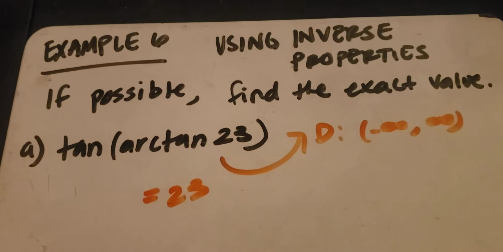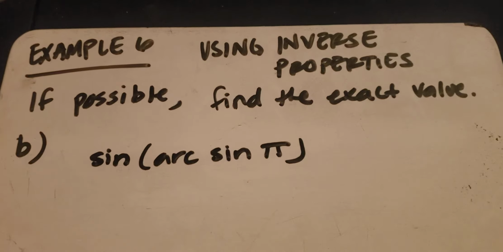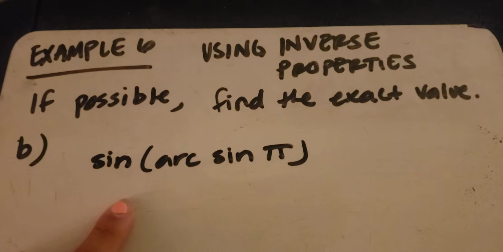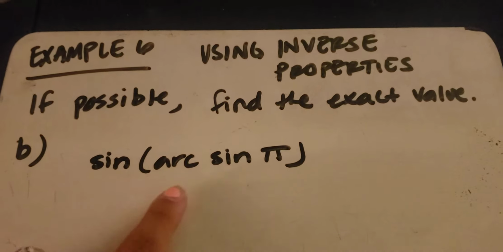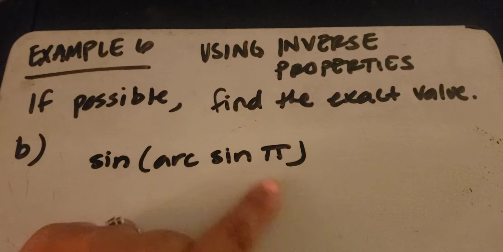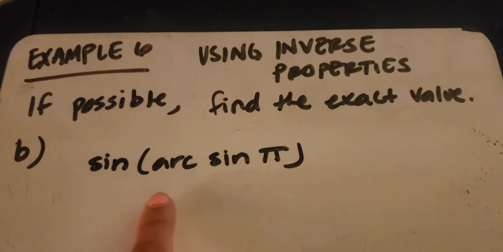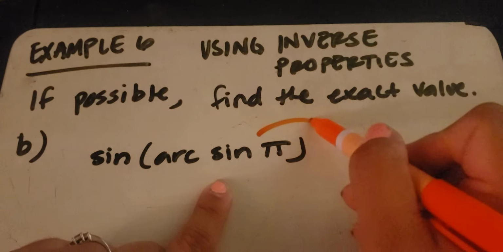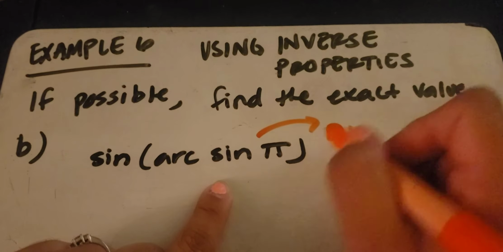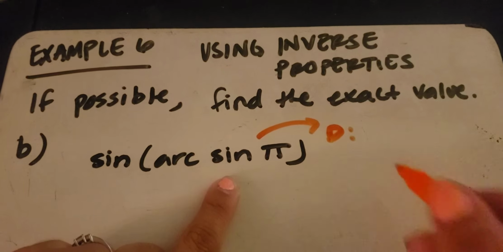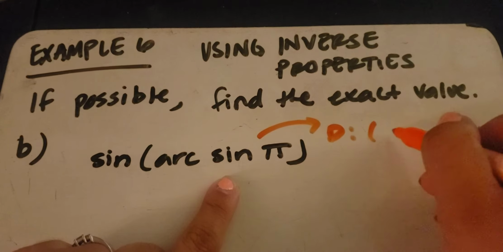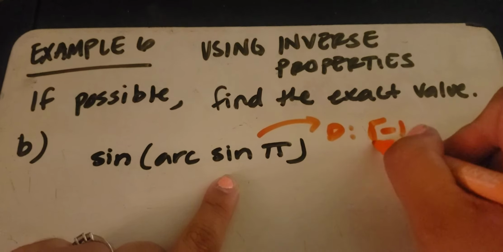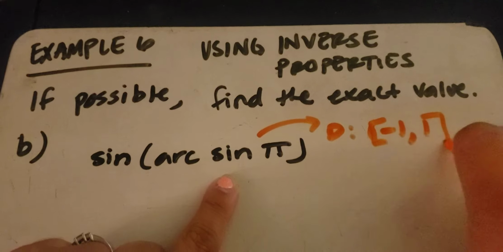All right, so now we're going to move on to part B. For our next example, we're going to do sine of arc sine of pi. Once again, whenever your inverse is inside of the parentheses, you should be looking at the domain. The domain for the inverse goes from -1, and I should really have brackets, to 1.